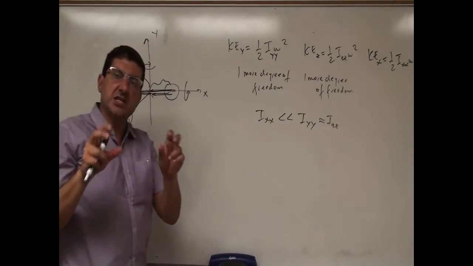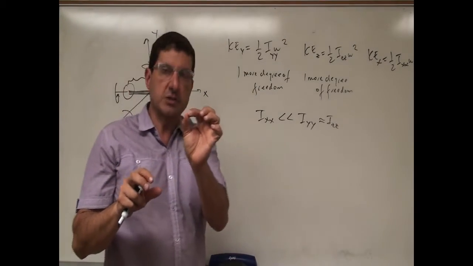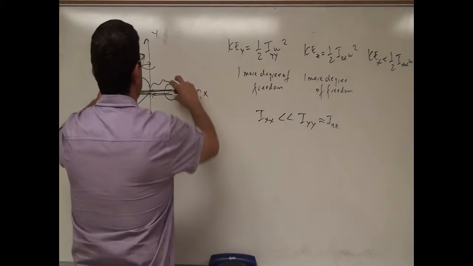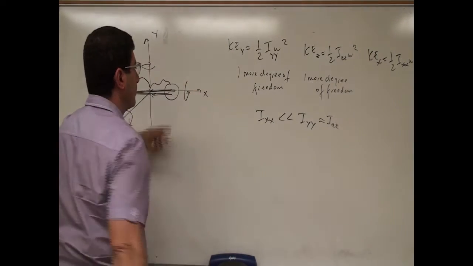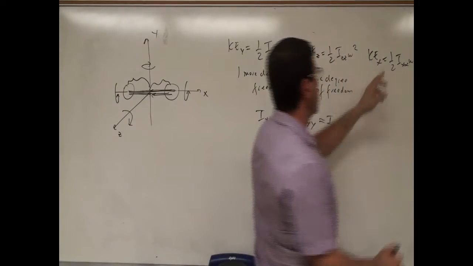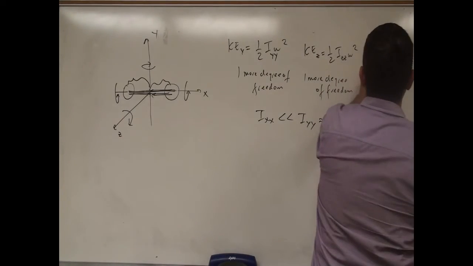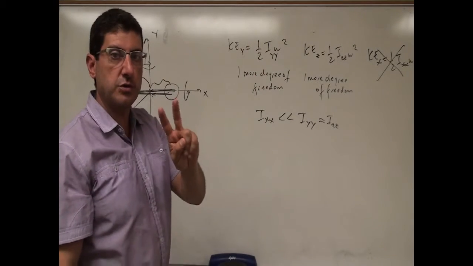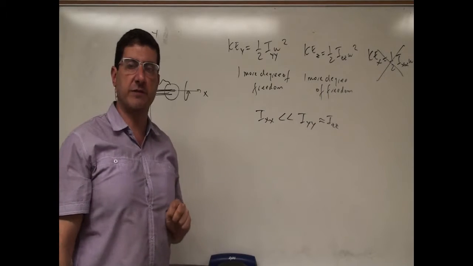So the distance of each particle from the origin is much further away than its distance from the x-axis, this one right here. So the moment of inertia about the x-axis is much, much negligible. That means the kinetic energy is negligible in the x direction compared to the y and the z, right? So you're really adding 2 more degrees of freedom, right?